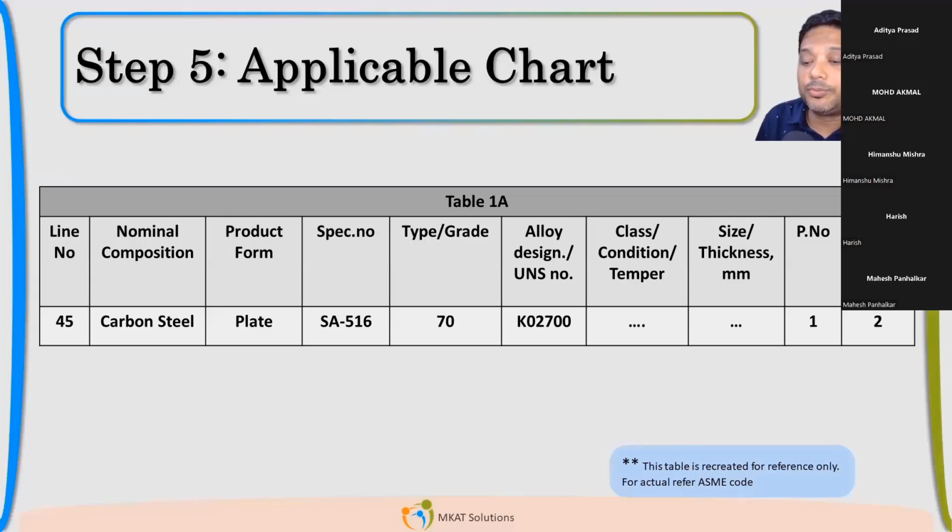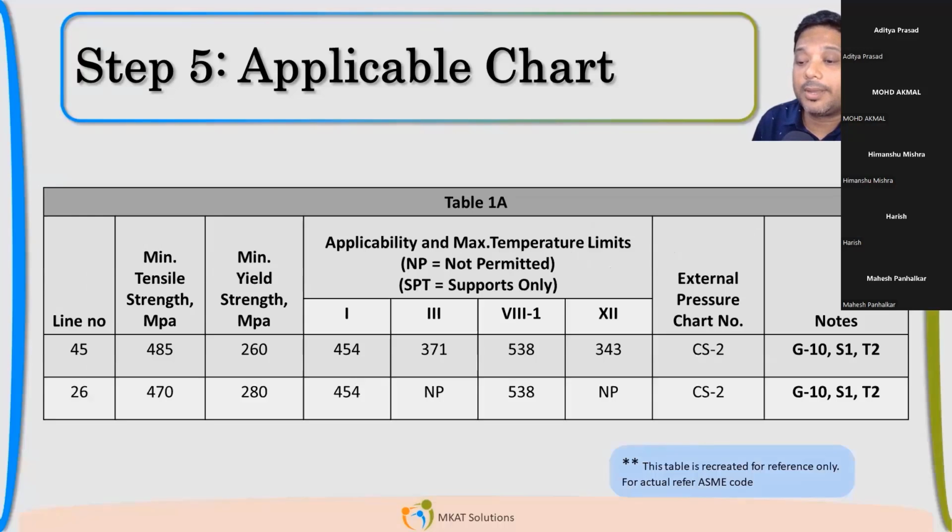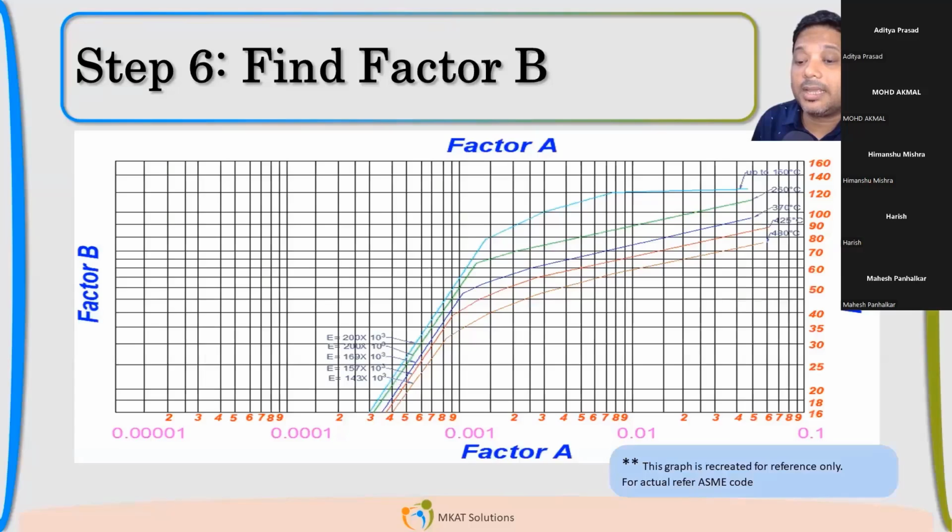So once you go to section 2, part D, subpart 3, after figure G, you will have the first chart as CS1, then CS2. So you have to go to CS2, okay? And in CS2, the graph will look like this.